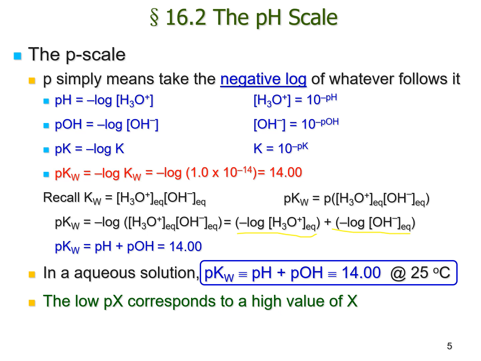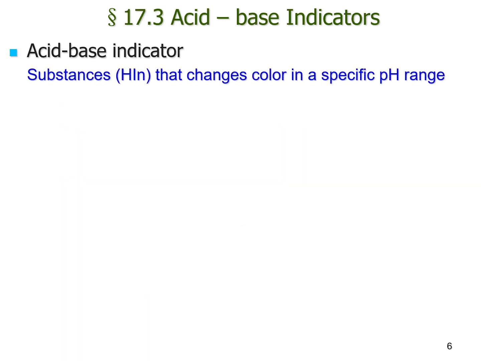The lower the pX corresponds to the higher the value of X, remember? Okay, so it's a negative log, so the trend goes the opposite. So the smaller the value of p something, the higher the value of that something.